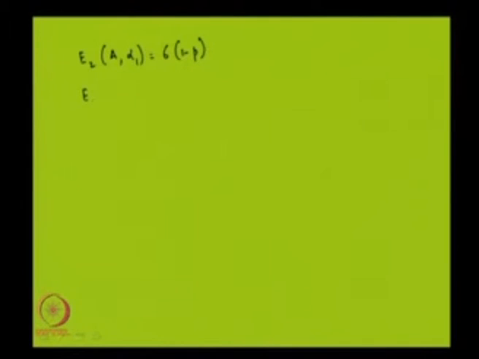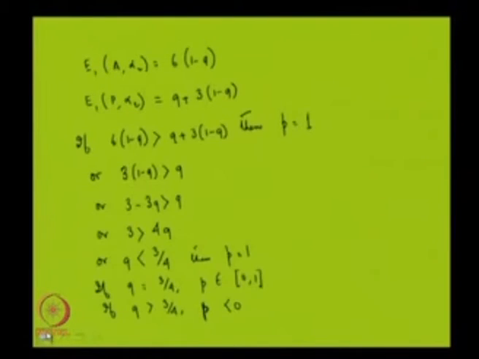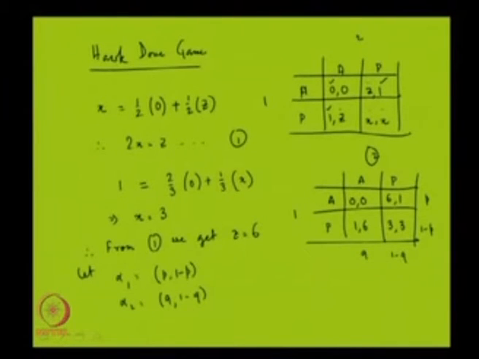And if he plays passive, given that player 1 is playing alpha 1, then he is getting P plus 3 multiplied by (1 minus P).